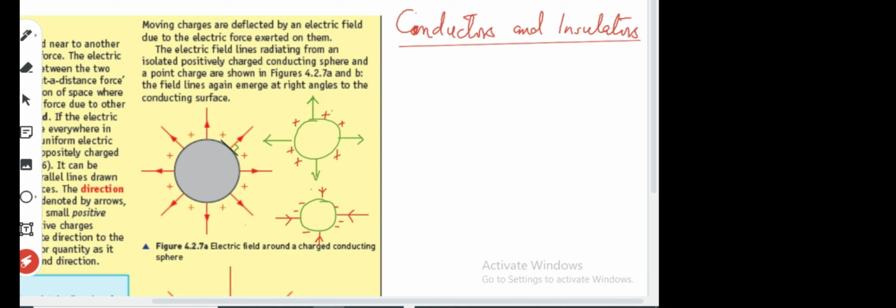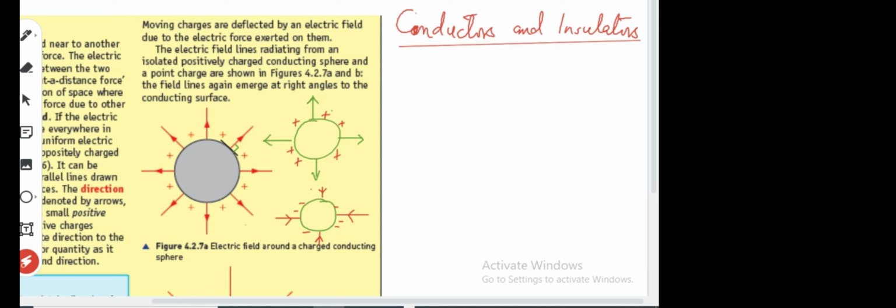Like when I told you about rubbing a ball pen against your hair. Electrons are transferred between the pen and the hair. If the electrons are transferred from the hair to the pen, what charge does the pen have?